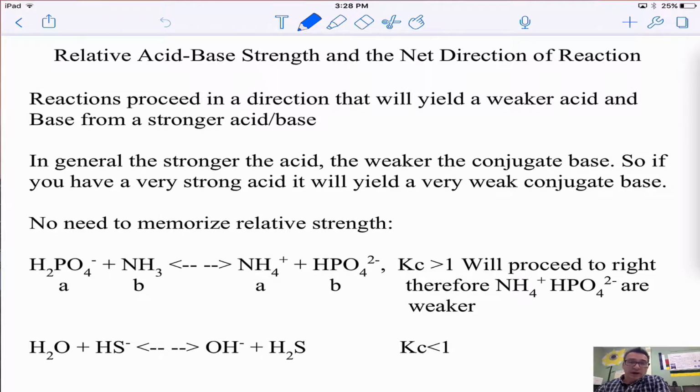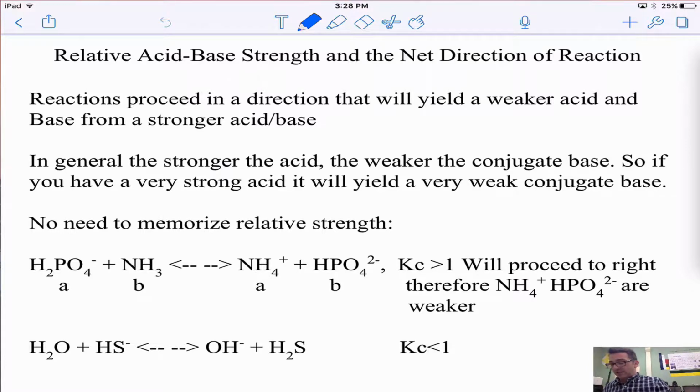The reason why is because reactions will always proceed in a direction that produces the weaker acid from the stronger acid, or the weaker base from the stronger base. Let me just show you this example without any further ado.